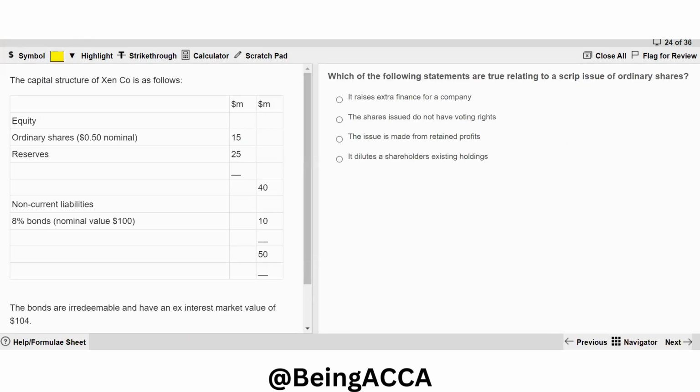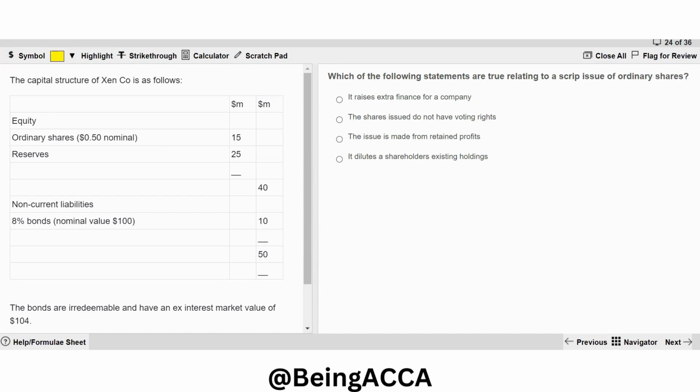Which of the following statements are true relating to a scrip issue of ordinary shares? A scrip issue is another word for bonus issues. So, what are bonus issues? It is a new issue of shares to your existing shareholders in proportion to their existing shareholding. If the ratio of the shareholding was 50 to 20 to 10 to 10 to 10, then in the same ratio the bonus shares will also be issued.